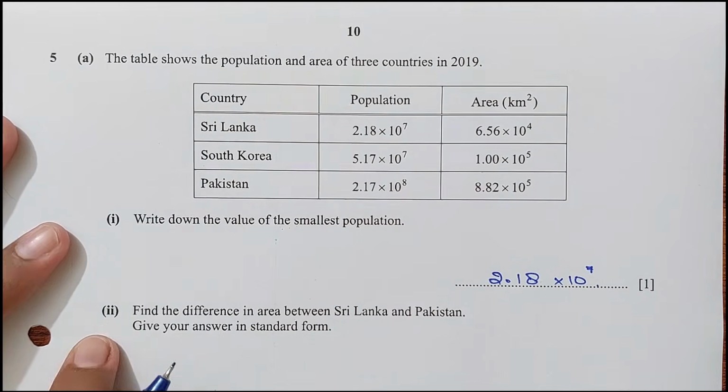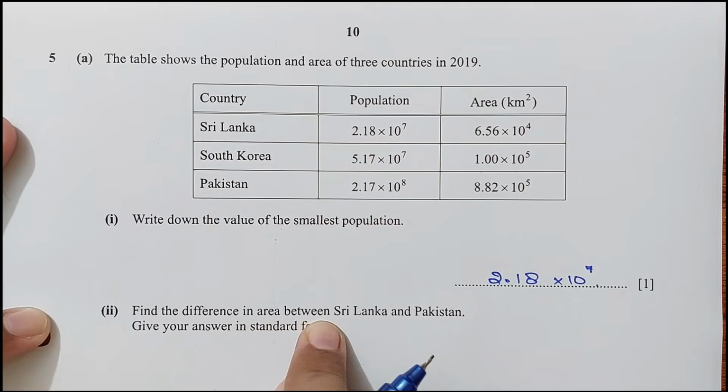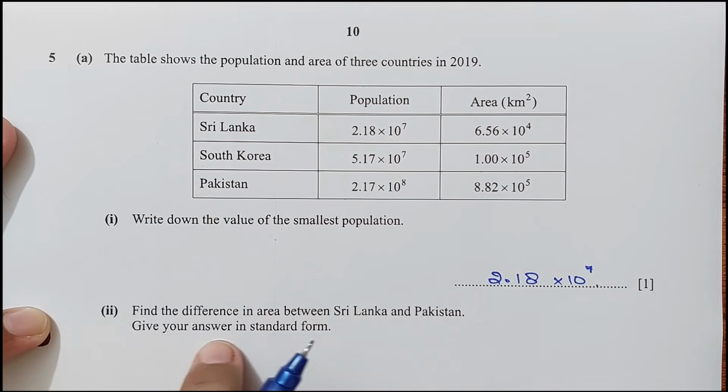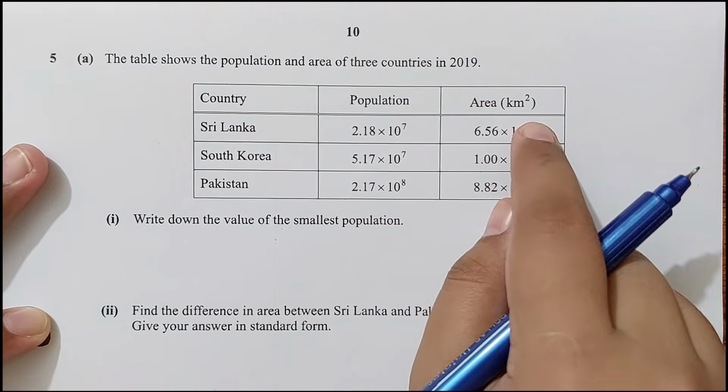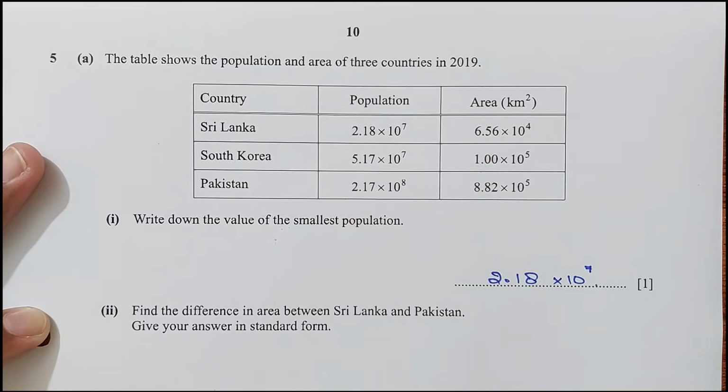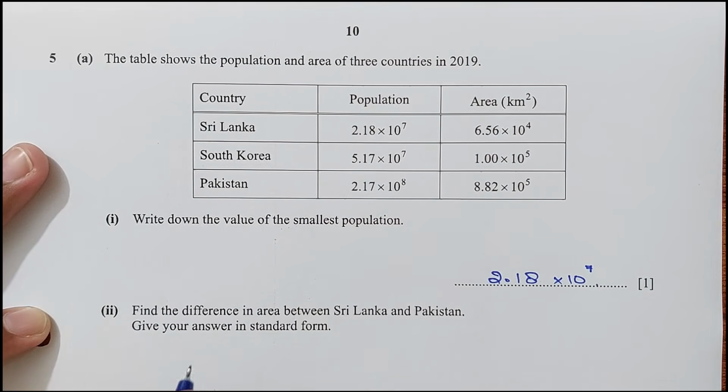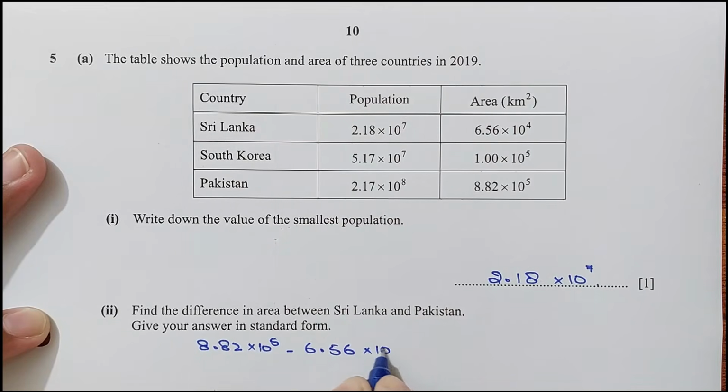Now for the second part, find the difference in area between Sri Lanka and Pakistan. Give your answer in standard form. So the area of Pakistan is 8.82 times 10 to the power 5 minus Sri Lanka is 6.56 times 10 to the power 4.